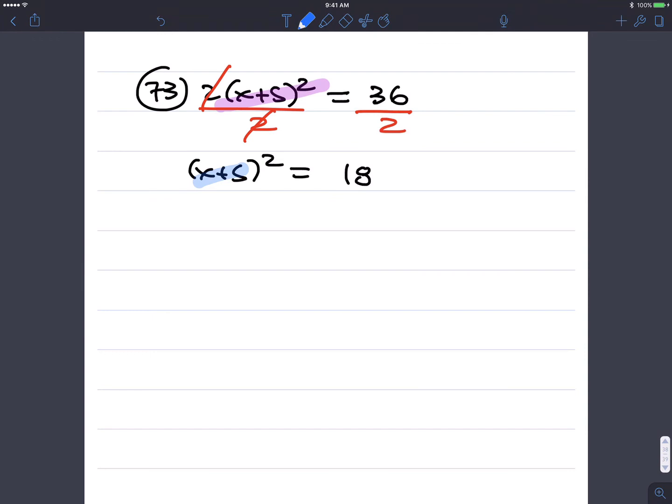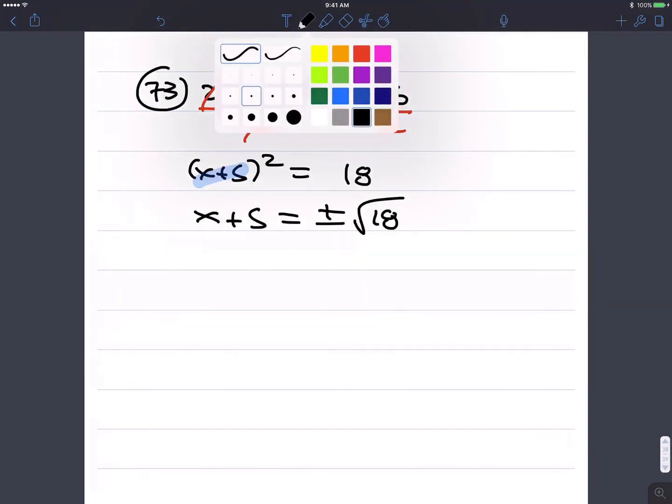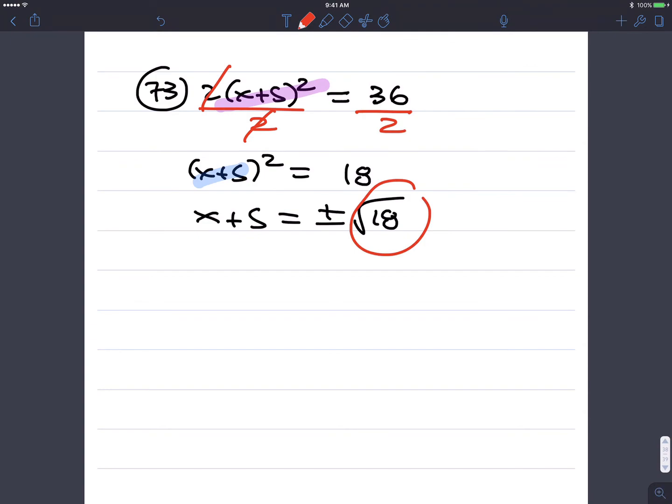This is going to give us x + 5 is plus or minus the square root of 18, where the square root of 18 can be simplified as 3 square root of 2. So don't forget that. x + 5 is plus or minus 3 square root of 2.